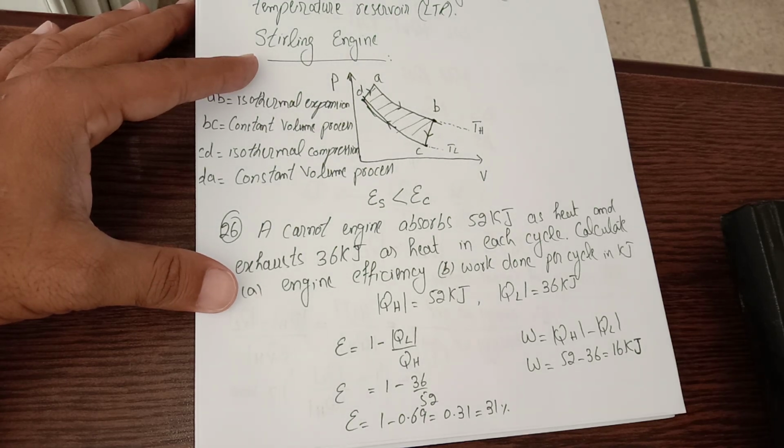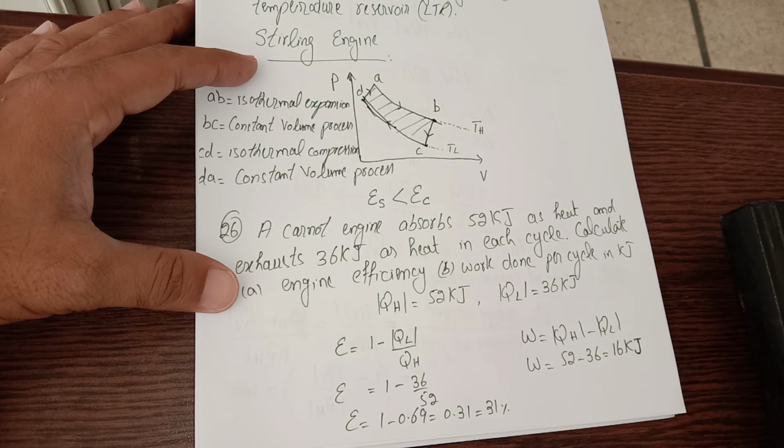First we took ideal cases, then we took a Carnot engine, and afterward we took a Stirling engine and looked into them for different features like entropy, etc., and efficiency. Then we have done a numerical related to these topics.